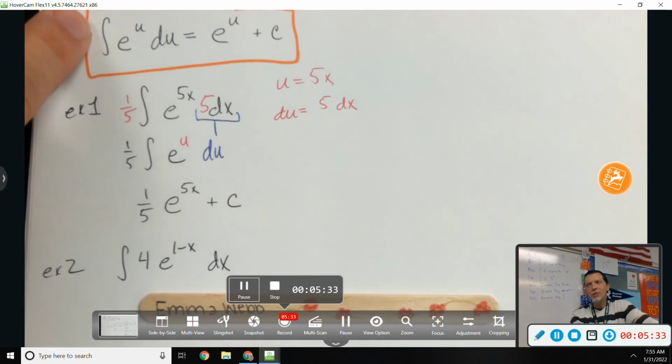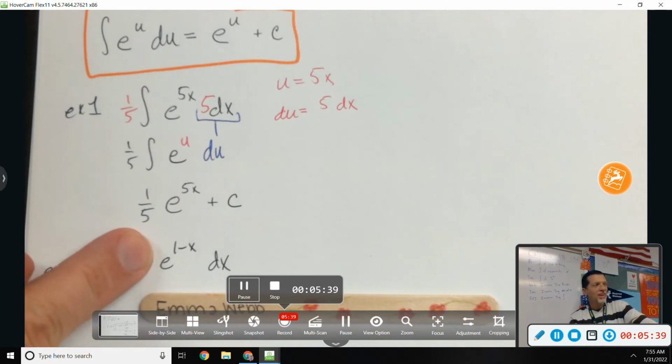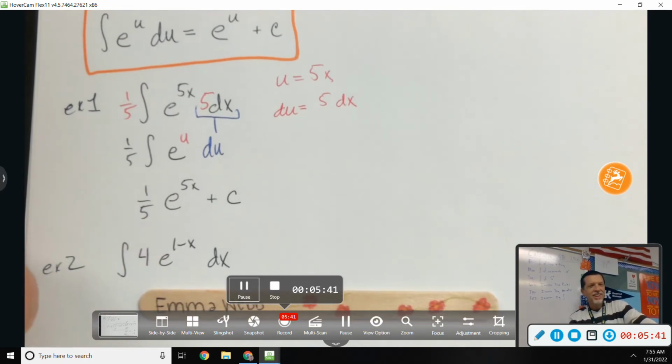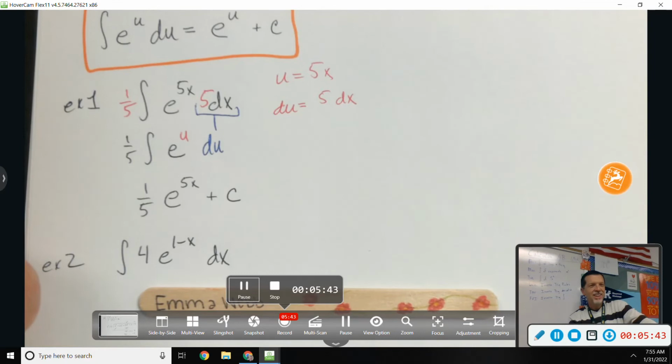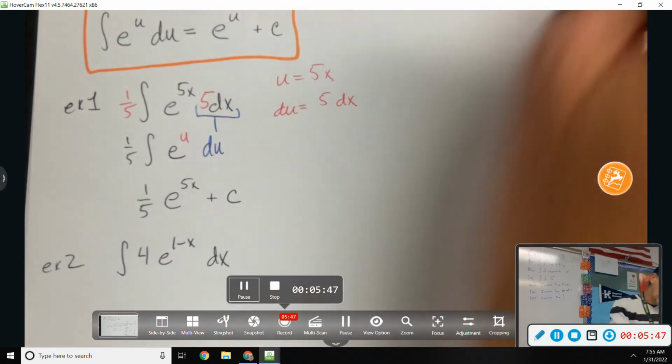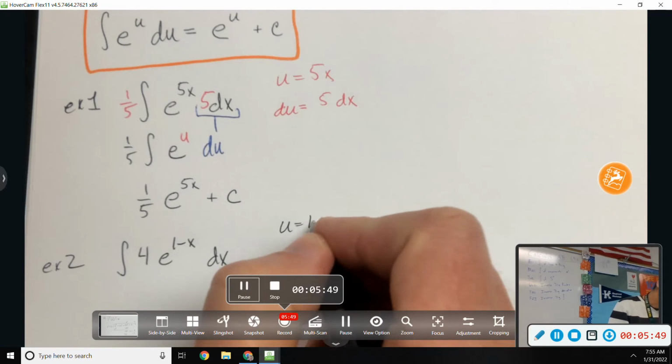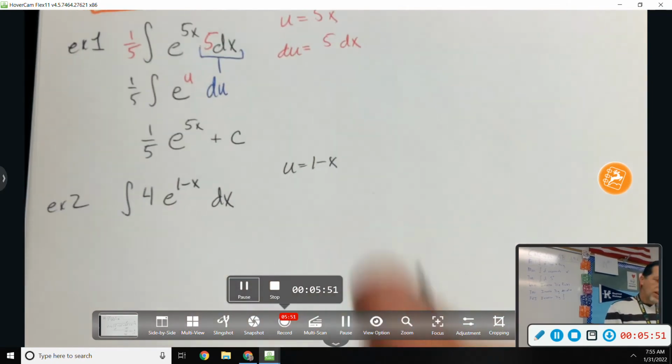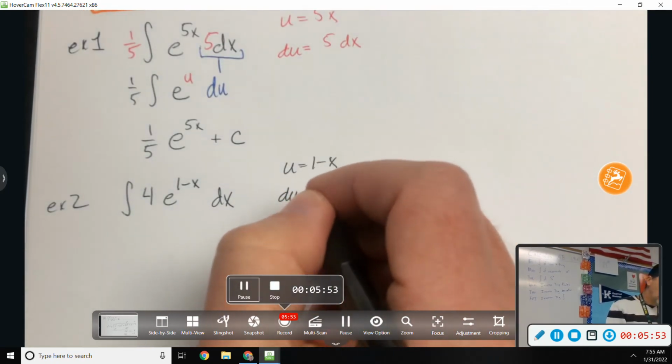U substitution is a little bit easier for this because I really want e to the u to show up. So what should u be, Emma? 1 minus x would give me e to the u. So let's try that and hope that it works. du.